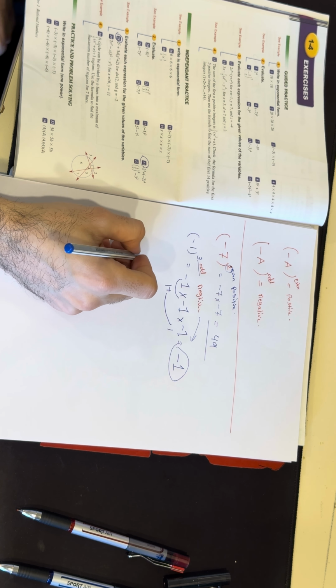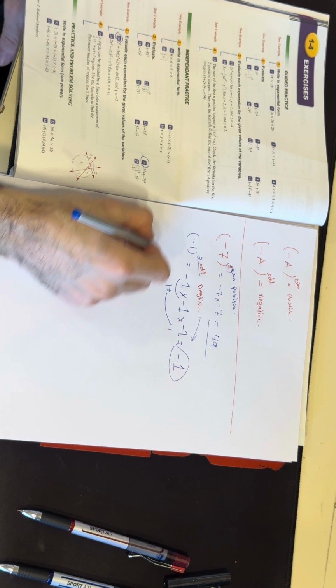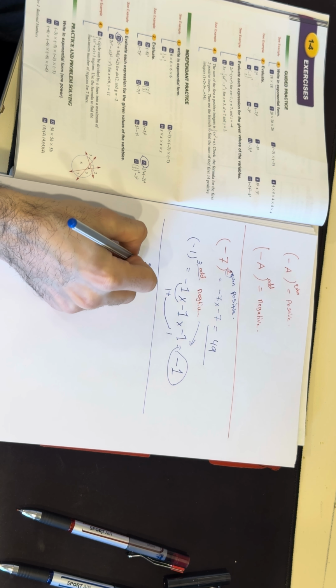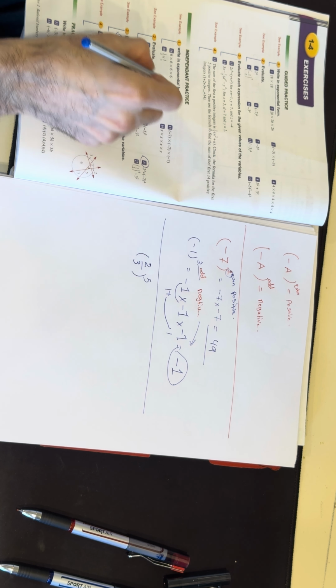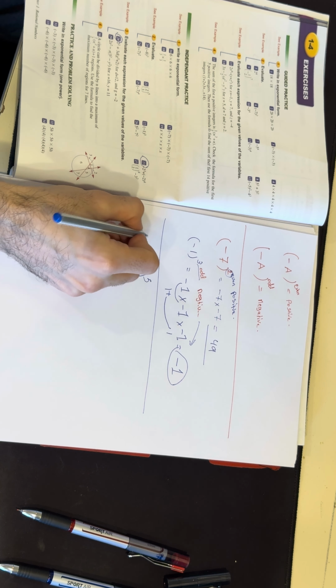Now we have another type of question, which is a bracket. You have 2/3 power 5 in question number 21. How are you going to do that? This one is actually easy. You create one big fraction, then multiply 2 by itself 5 times, 1 2 3 4 5, and 3 also 5 times by itself, because the power is 5.